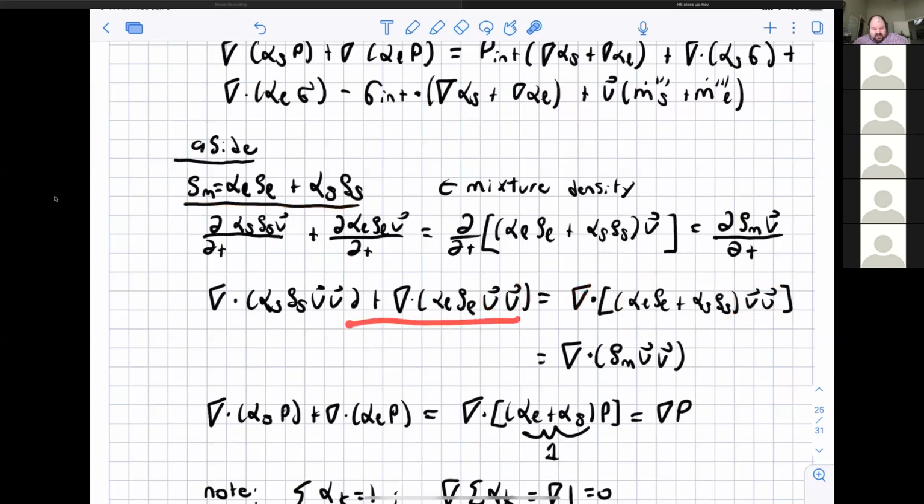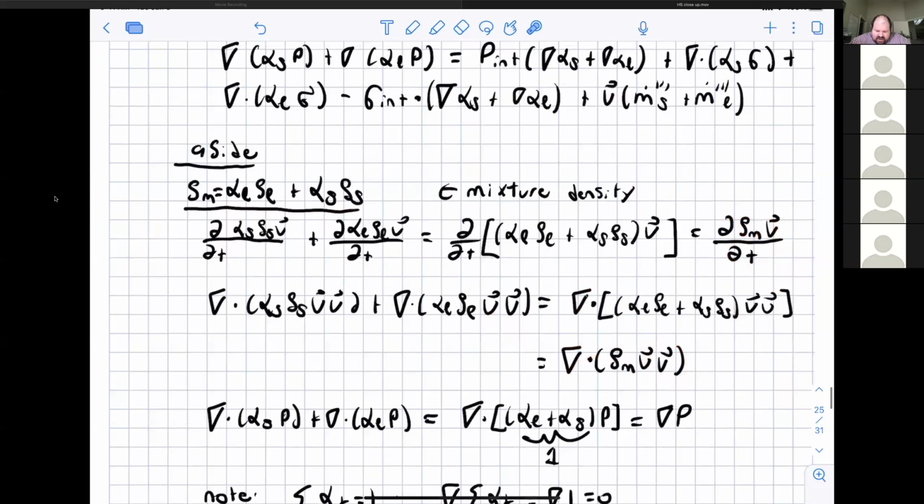And so these two nasty terms turn into a slightly less nasty term of the mixture density times v squared. Okay, and so you can see now, if you were to add these two up, you're starting to get something that resembles very closely your standard momentum equation. It's just that your density is a bit more complicated because it's a mixture of two different fluids. And you'll see that what we wind up with after everything is simplified is the usual normal momentum equation.